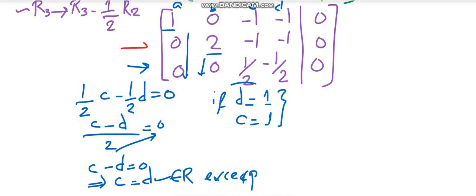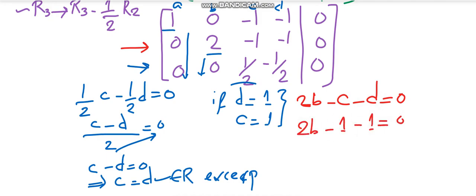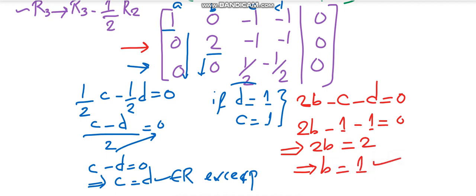So these are the two values that we have determined. Fine. Now let's move to the second last equation, so it becomes 2 times B minus C minus D is equal to 0. So 2B minus 1 is equal to 0. This implies 2 times B is equal to 2 and hence you will have B is equal to 1.